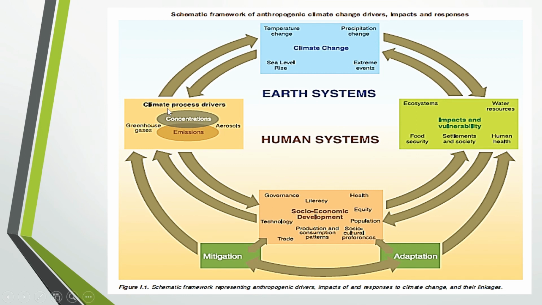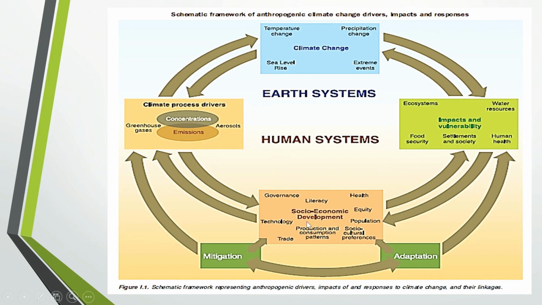In terms of climate process drivers, the greenhouse gases, their concentration and emissions. Ecosystem is damaged, thus it results in less food security, less water resources. It has impact on human health.